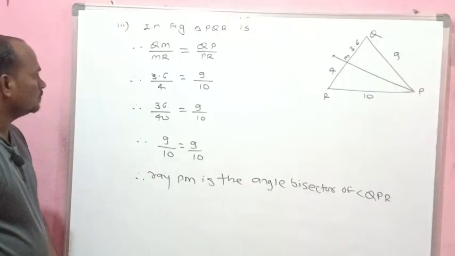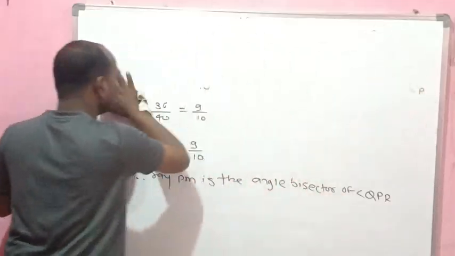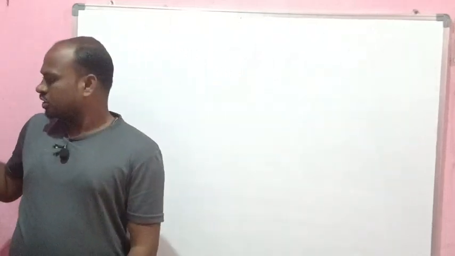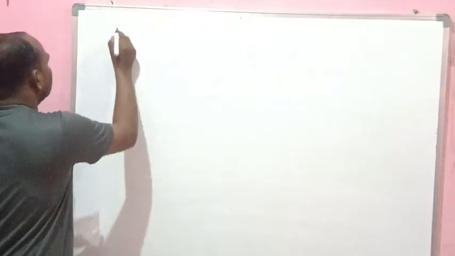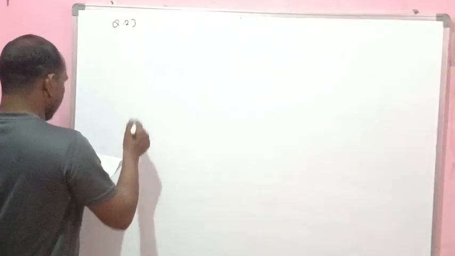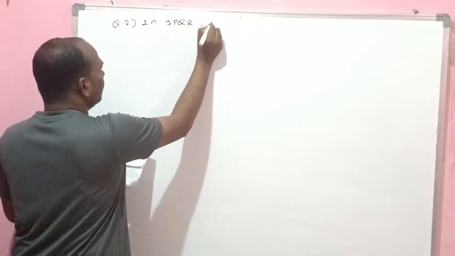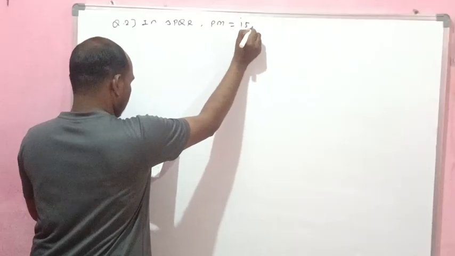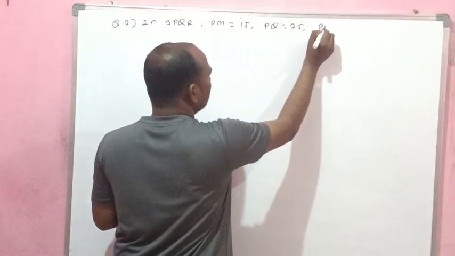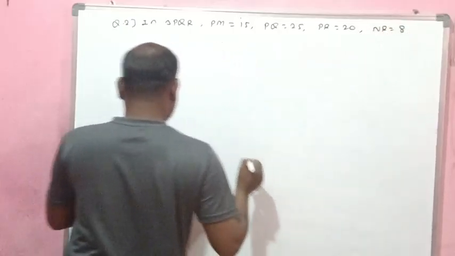Now the another is question number 2. Now the question number 2 will be, in triangle PQR, that is PM equal to 15, PQ equal to 25, PR equal to 20, NR equal to 8.